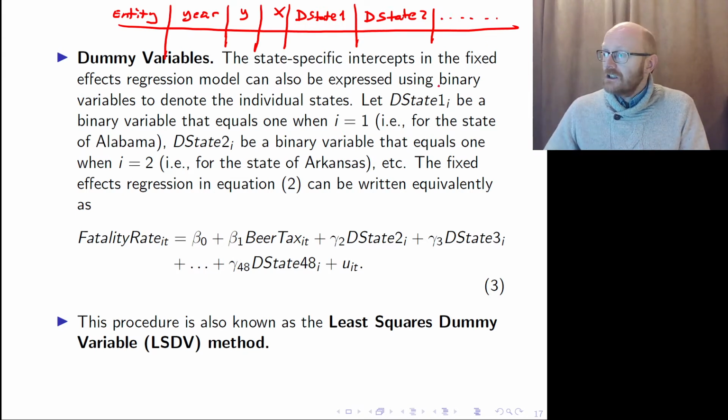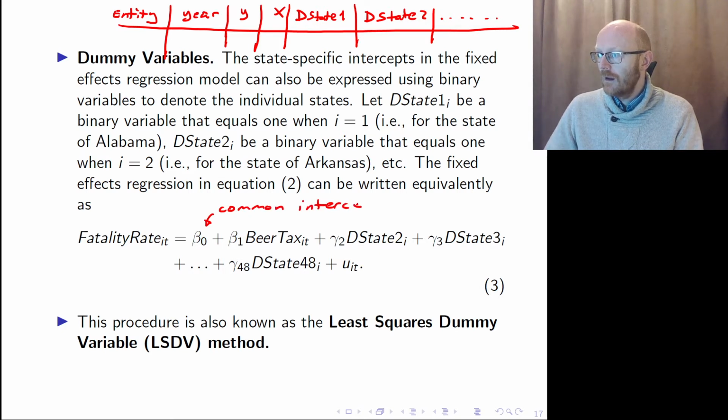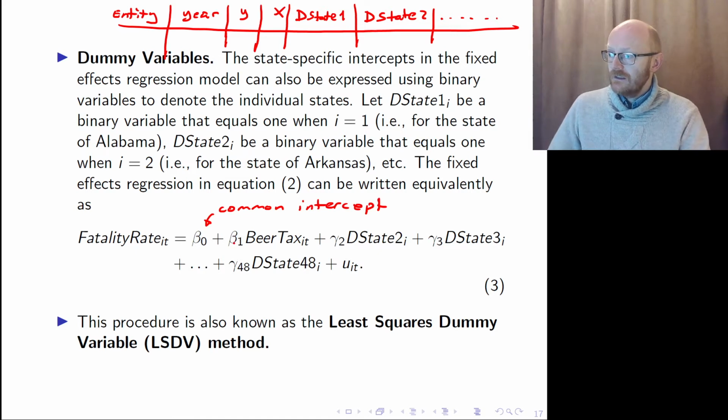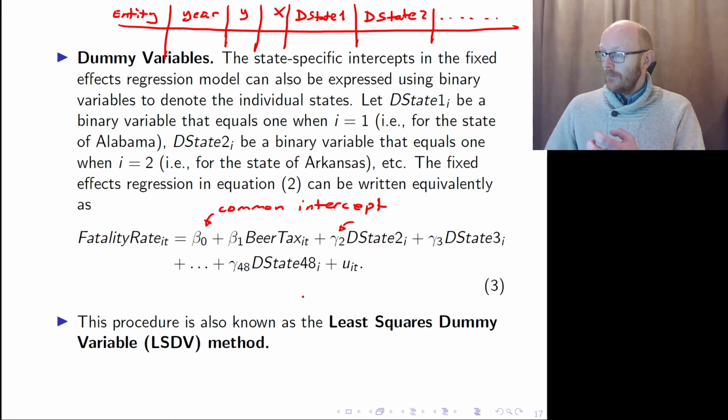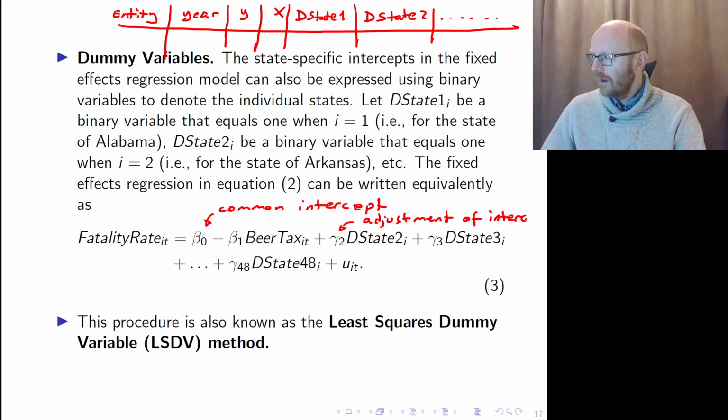And then you can actually write the equation as fatality rate equals a common intercept plus the beta tax and these adjustments for the intercept depending on the state.